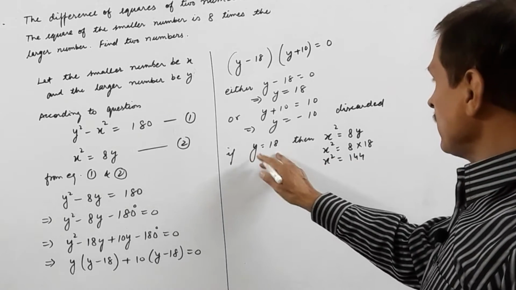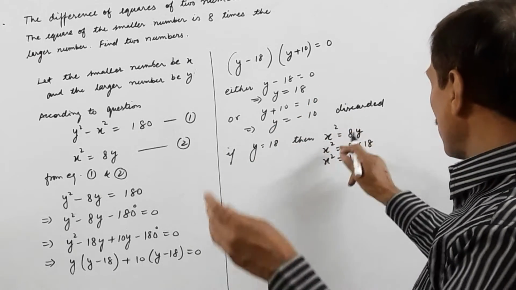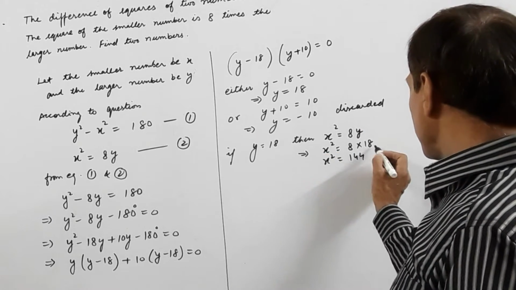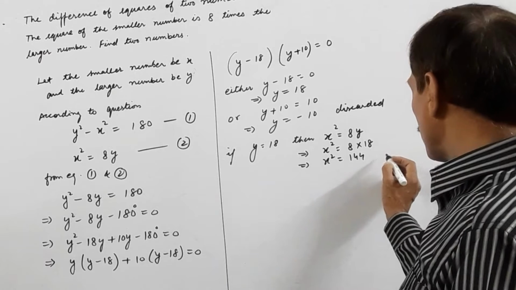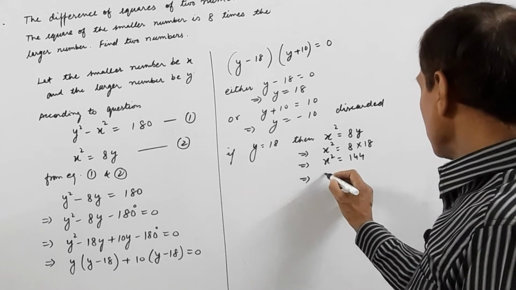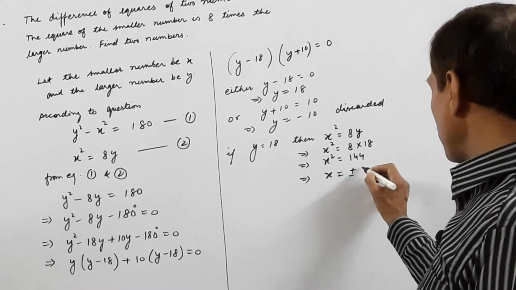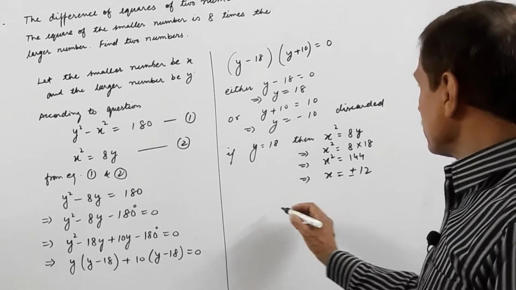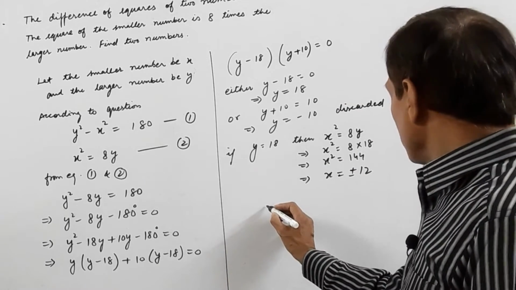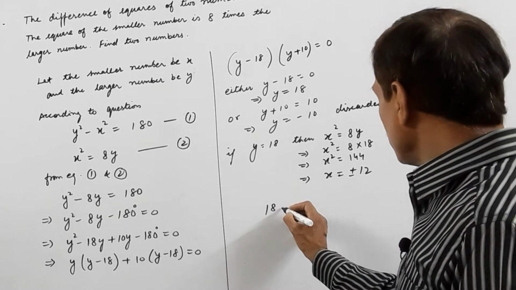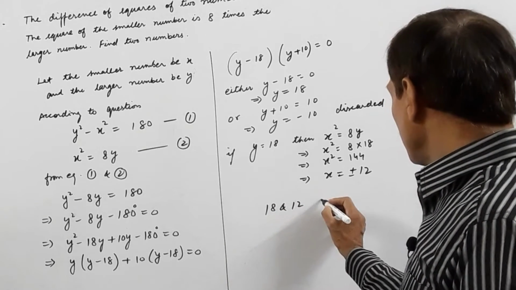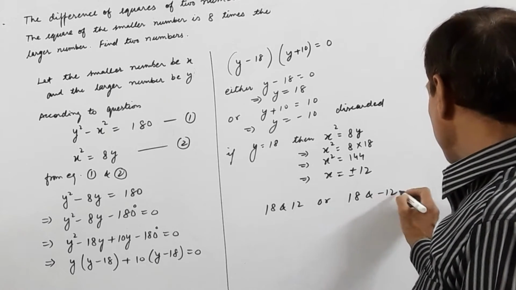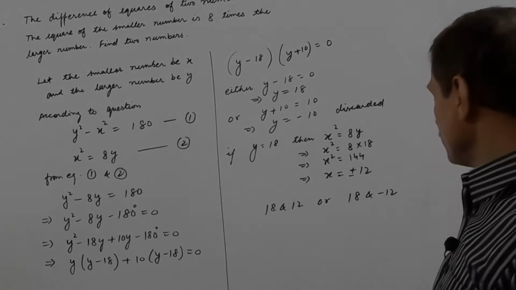So if y is 18 then x square is equal to 8 into 18, which implies x square is equal to 144, which further implies that x is equal to plus minus 12. So the numbers are 18 and 12 or 18 and minus 12.